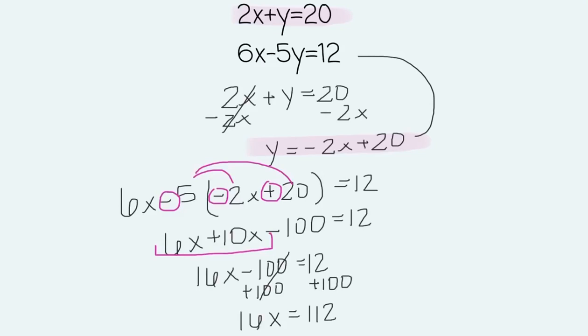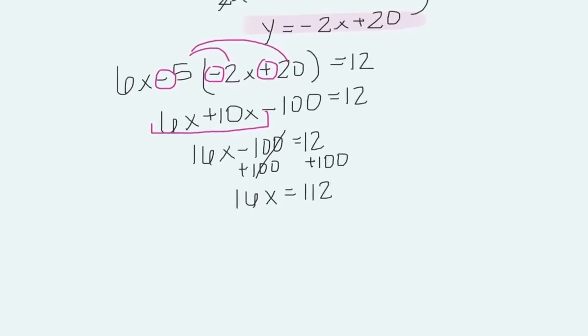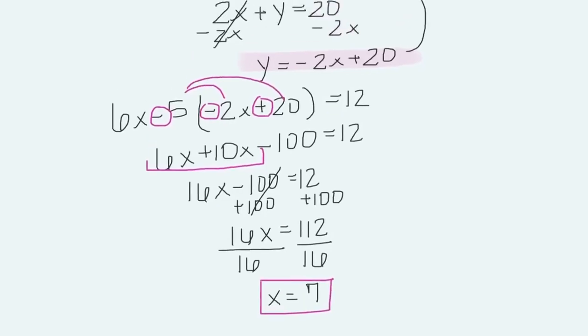From here we just divide the 16 on both sides to isolate the x, and we get x equals 7. And now we will use this to plug it into our first equation to find y.